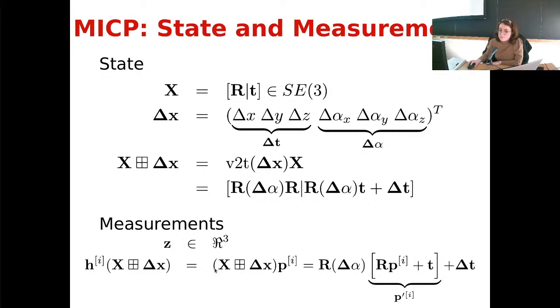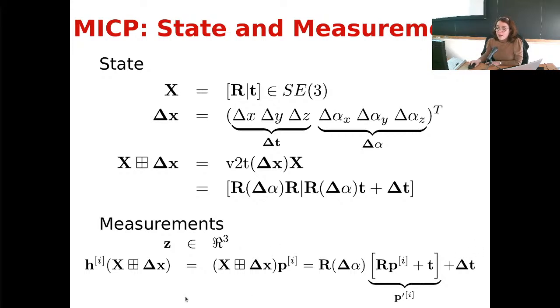And then by substituting the expression of x box plus delta x, you get this expression for h of x box plus delta x. I first explain the meaning, and then if there are any questions, please go ahead.